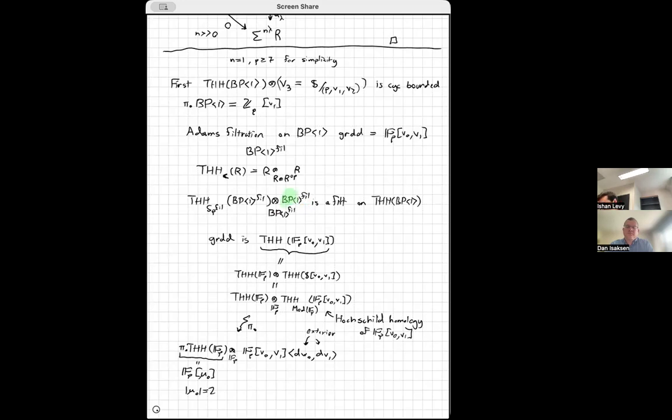And so if I mod out by this, having P and V1 in positive filtration, I just end up with an exterior algebra over FP on a class whose degree is 1 higher than V2. And so this tensor product gives you a filtration on this thing tensored with V3.